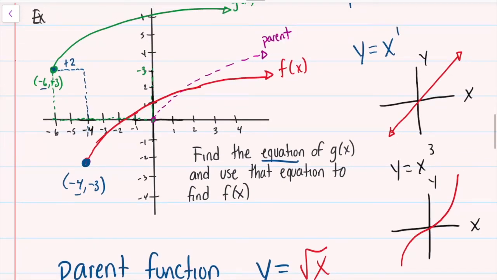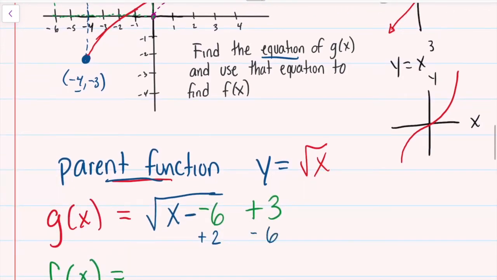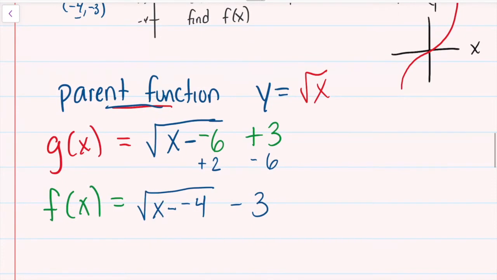I was at +3. I went to -3, so I went 3 to the 0, and 3 more down, that's a -6. So my new graph for f of x will be the square root of x minus -6 plus 2, that's a -4. And then +3 minus 6, that will be a -3. And that's our equation. If you wanted to simplify it, we could. Just call it the square root of x plus 4 minus 3.